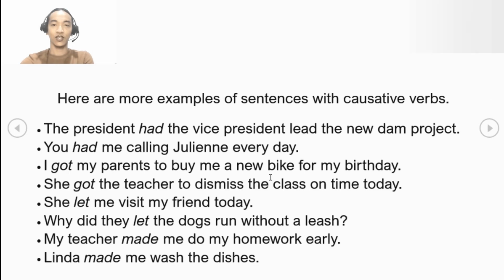Okay? So here are more examples of sentences with causative verbs. Please try to understand the meanings of the causative verbs and their sentence construction. Very important. The president had the vice president lead the new dam project. You had me calling Julian every day. I got my parents to buy me a new bike for my birthday.